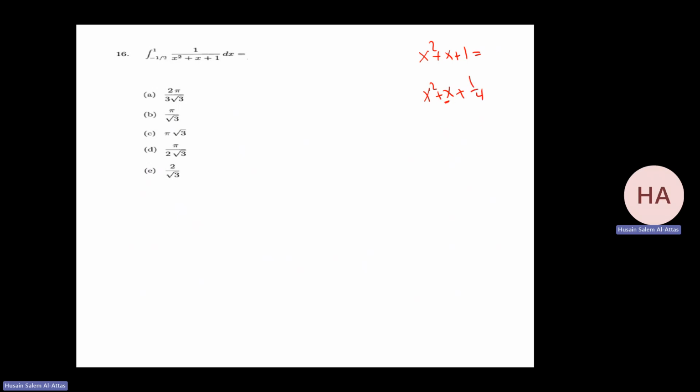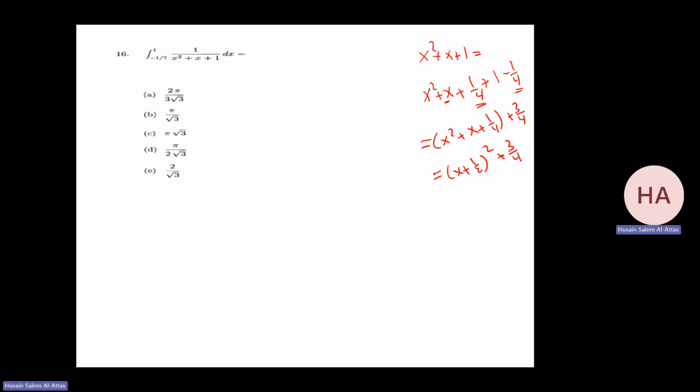The coefficient is 1, half of it is half, square it, it will be 1 over 4. I subtract 1 over 4, so I'm adding nothing. That gives me x squared plus x plus 1 over 4, plus 3 over 4, which is x plus half all squared plus 3 over 4.